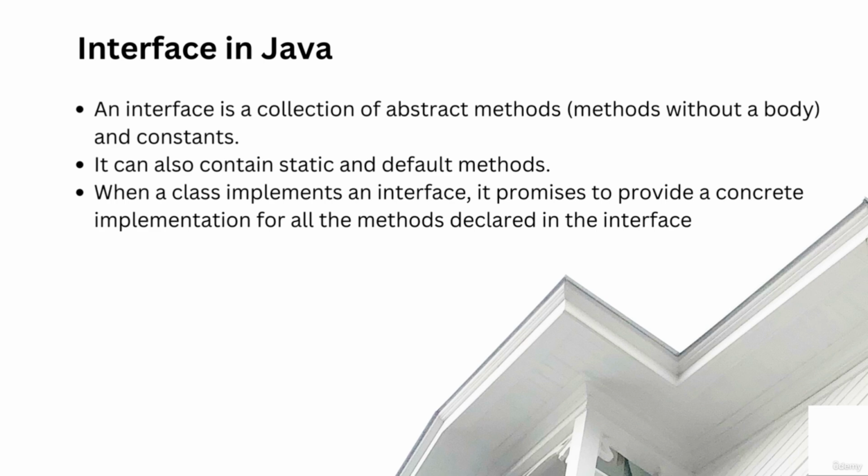Interfaces cannot be instantiated just like a class. They can only be extended by another interface, or they can be implemented by a class. If a class decides to implement an interface, then it needs to implement all the methods of an interface. Let's see an example.